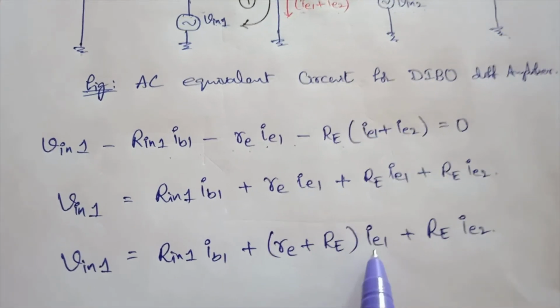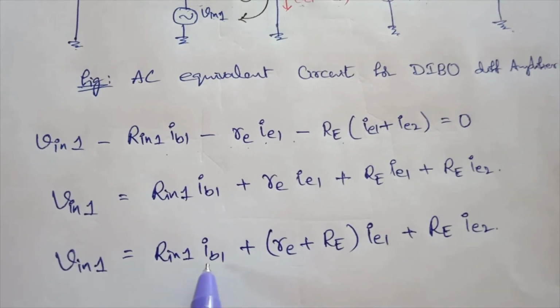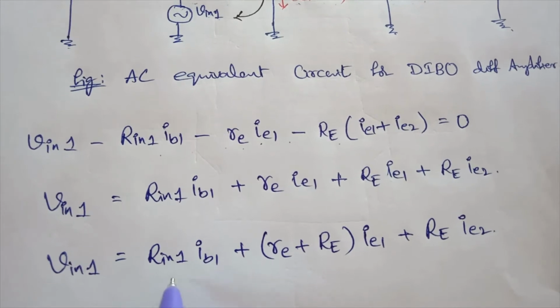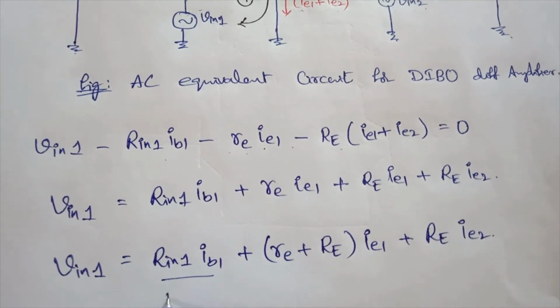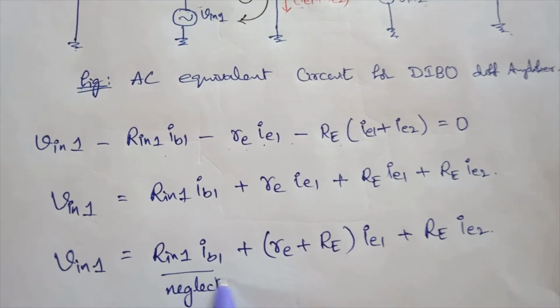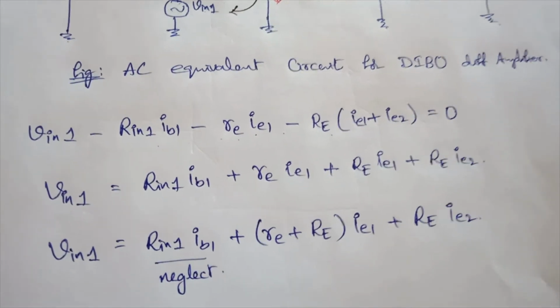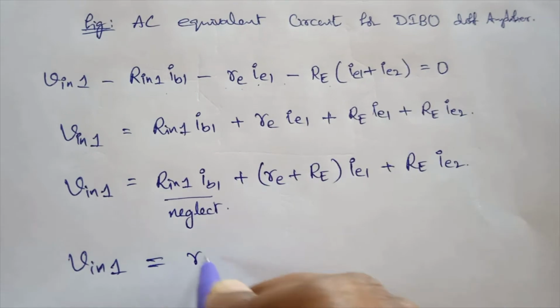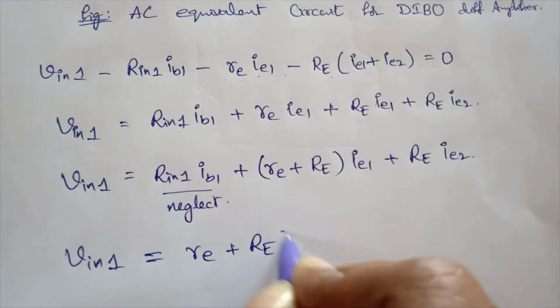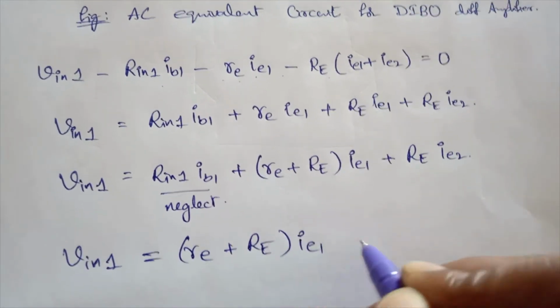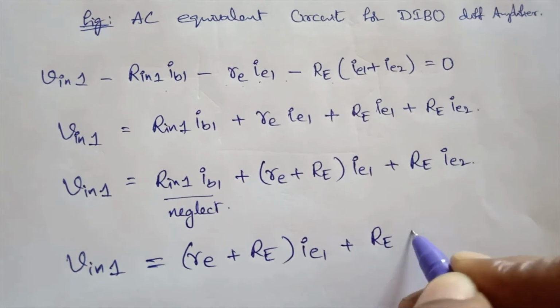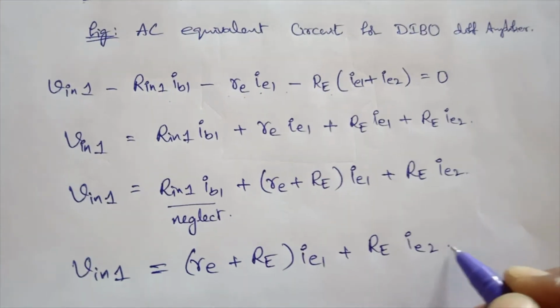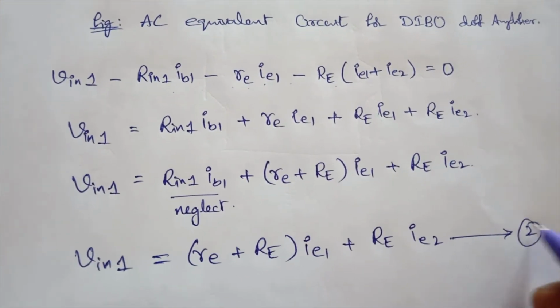Why? Because IE is in terms of milliamperes, IB is in terms of microamperes. So neglect these terms. Then Vin1 becomes (Re plus capital Re) into IE1 plus Re into IE2. So let this be equation 2.